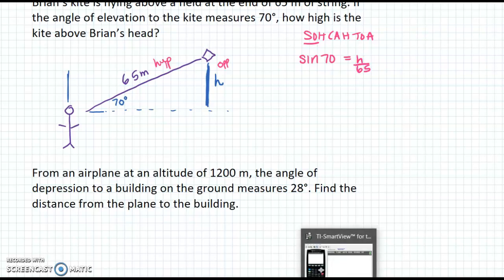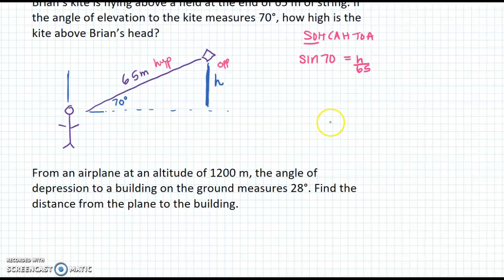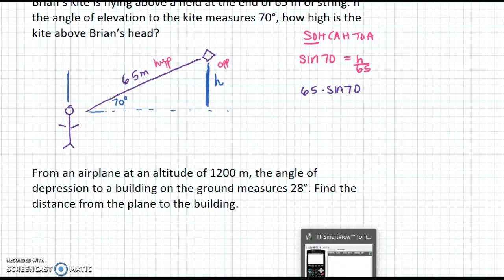And this is when I need to pop out my calculator. Again, if your calculator is in degree mode from last time, it should not have changed. Get h by itself, you should multiply by 65. So in your calculator, you are going to multiply 65 by the sine of 70.